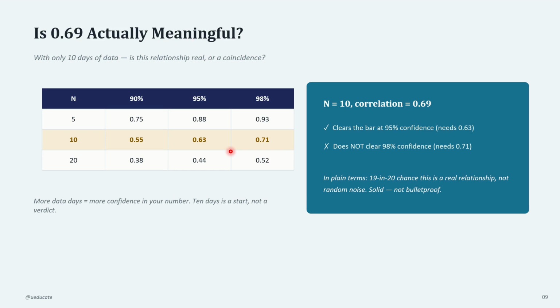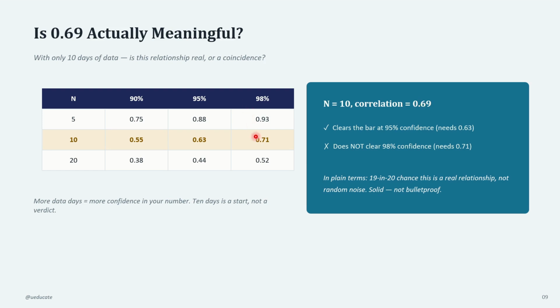We also understand whether this correlation value is meaningful or not. Is the relationship real or coincidence? We check this through whether the correlation coefficient is significant and stable. In this case we have a sample size of 10 data points. We have a value of 0.69, so that clears the bar of 95% confidence, which needs 0.63.